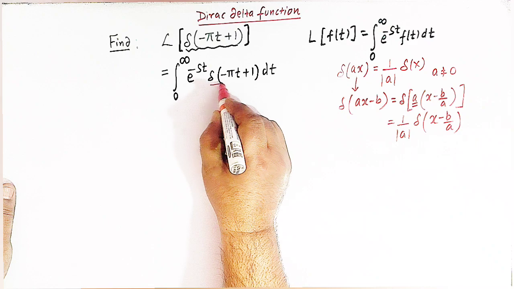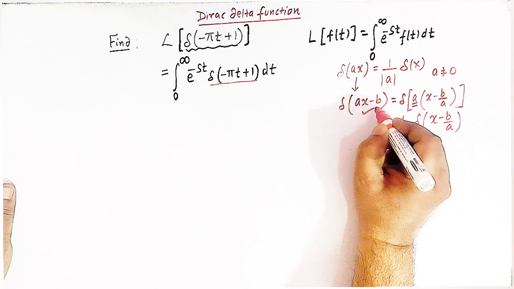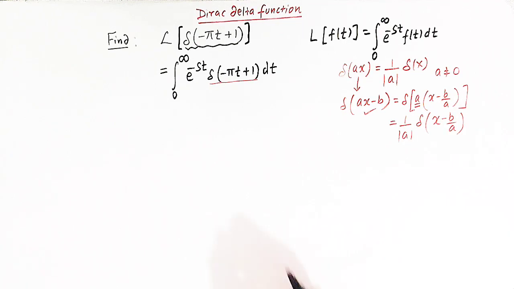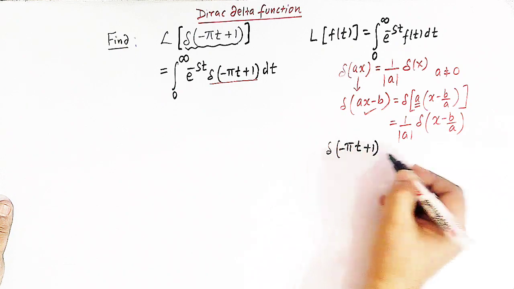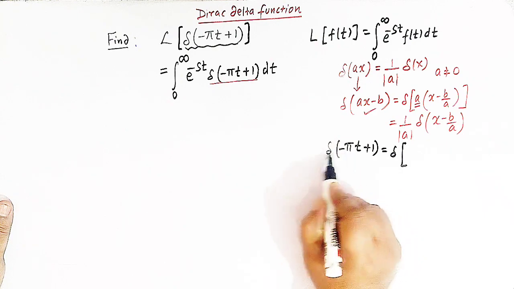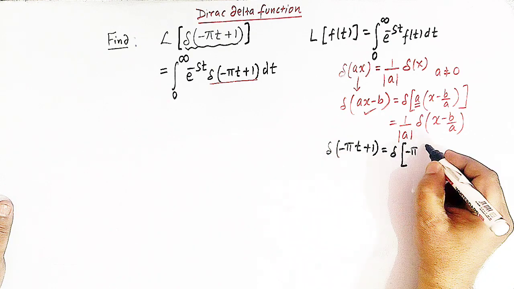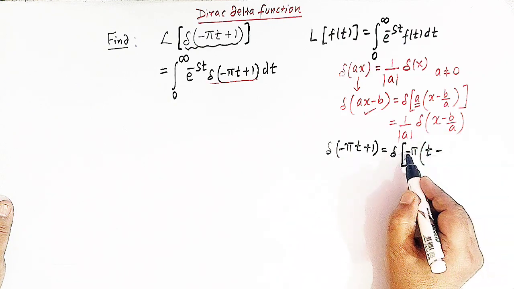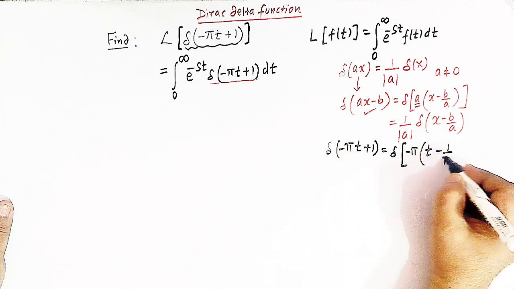Here we have delta of minus pi t plus 1, and we will apply this property to this delta function. Delta of minus pi t plus 1 can be written as delta, where we take minus pi common between minus pi t plus 1. So we have t, and a negative sign here because negative and negative becomes positive, and we have 1 over pi.